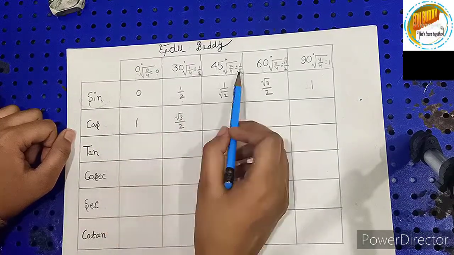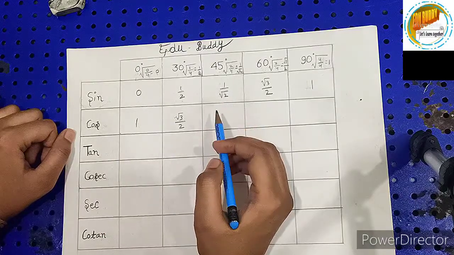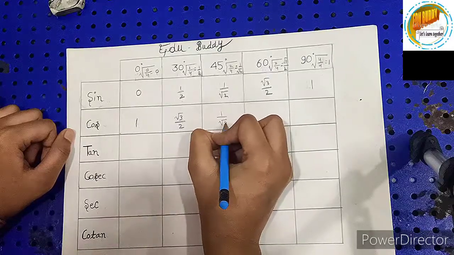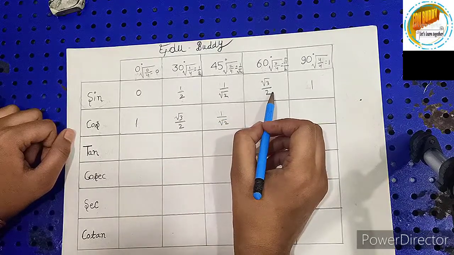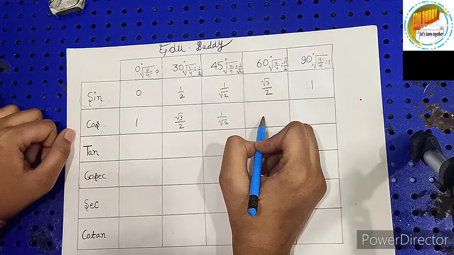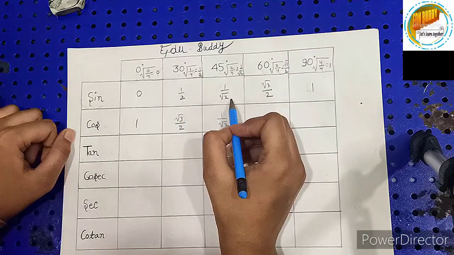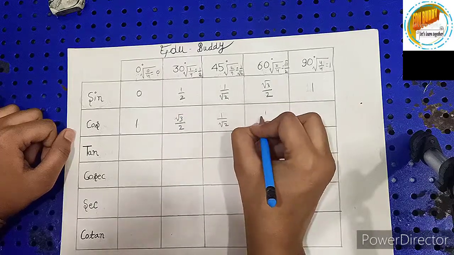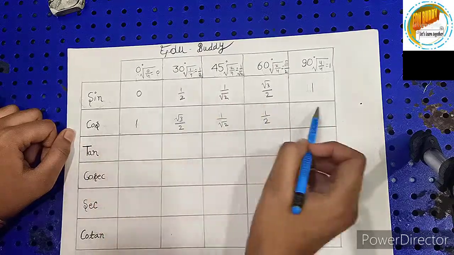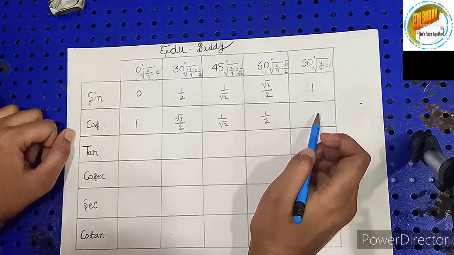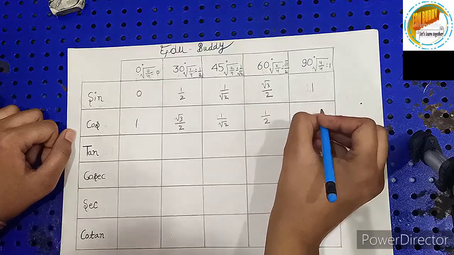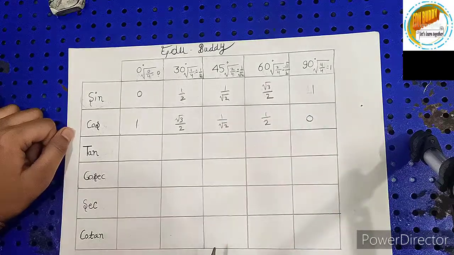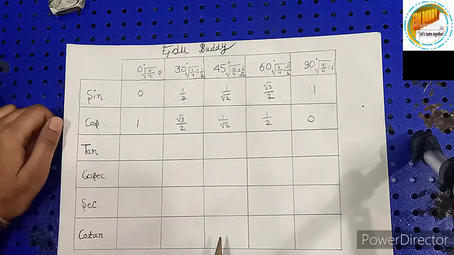Now the value of cos 45 degree is equal to the value of sine 45 degree which is 1 by root 2. Now the value of cos 60 degree is equal to the value of sine 30 degree which is 1 by 2. Now the value of cos 90 degree is equal to the value of sine 0 degree which is 0. Now we have found the values of sine and cos functions.